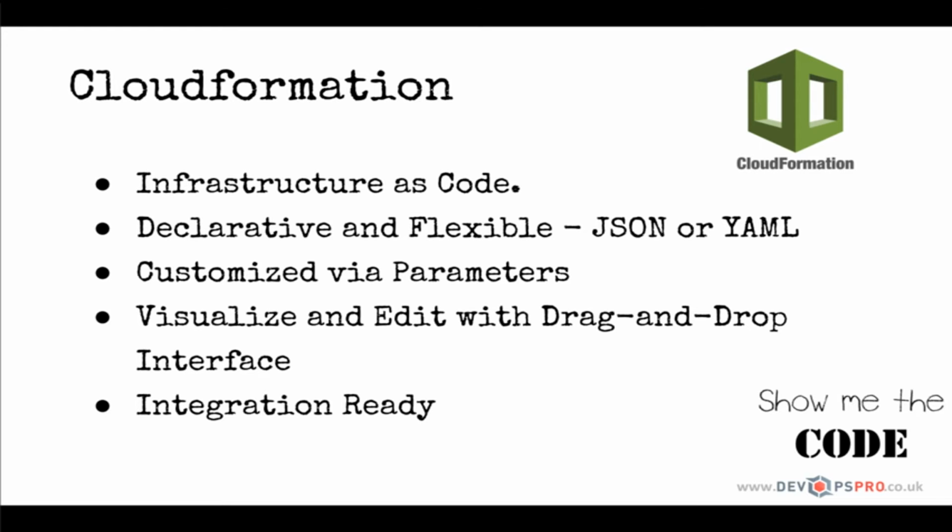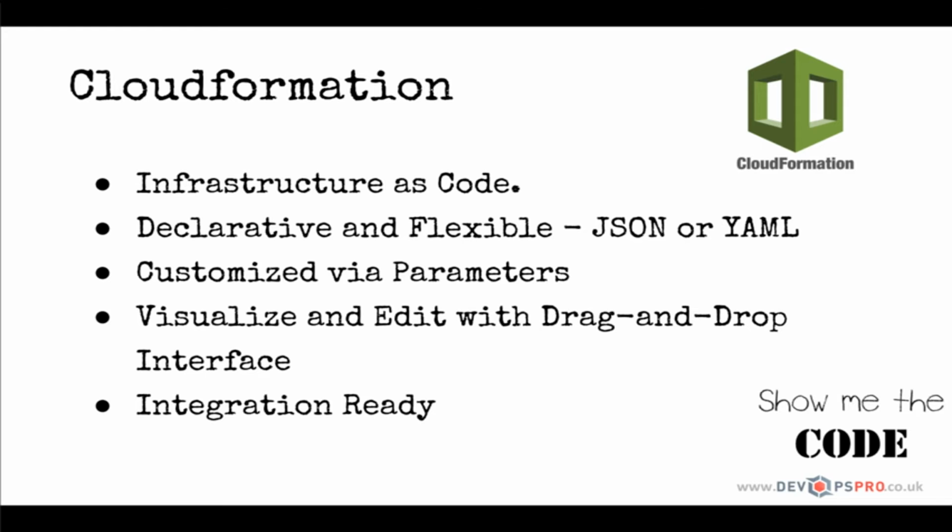You can customize it using parameters, which means I can have a template for creating a web server, and in that template I create a parameter called name, and when I upload the YAML or JSON file to CloudFormation, it will ask me, okay, what's the name you want to assign to that web server. So it's customizable. I can create something generic and then from it create a specific resource.